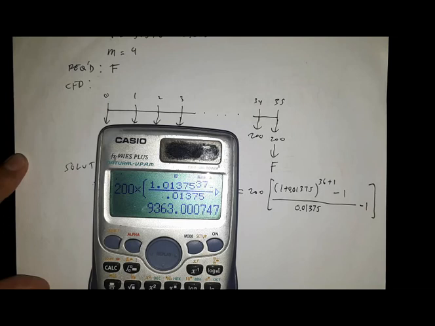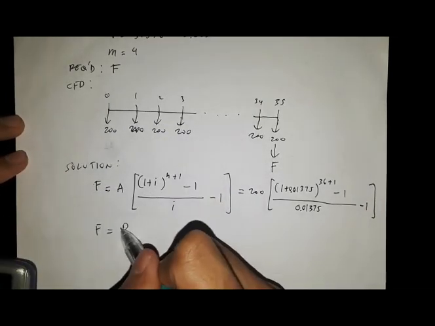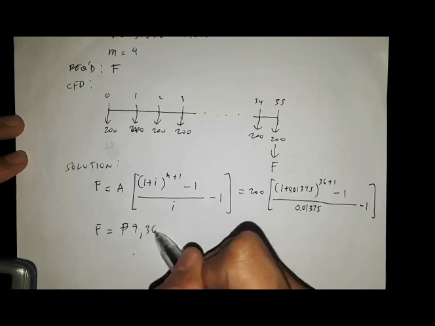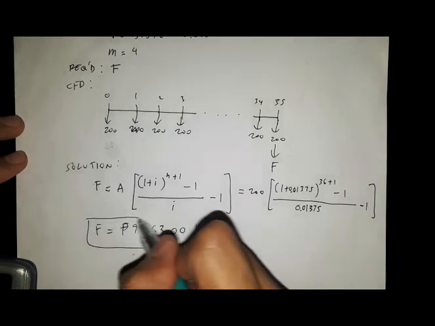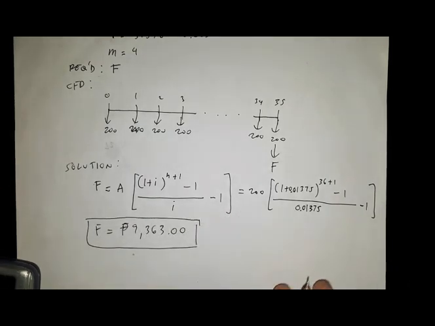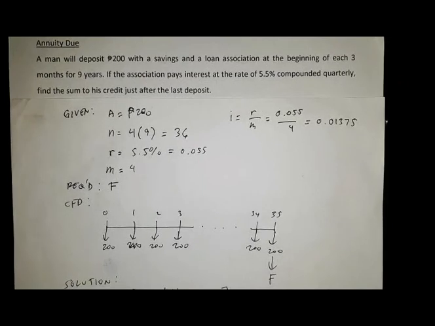So the future amount is 9,363 pesos. And that is the sum to his credit after the last deposit.